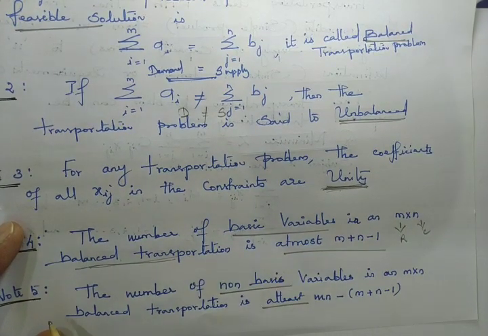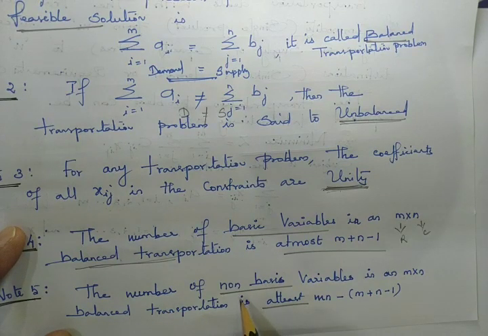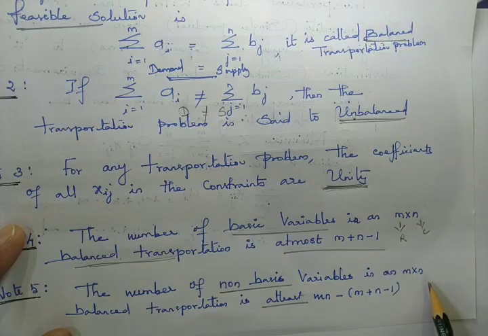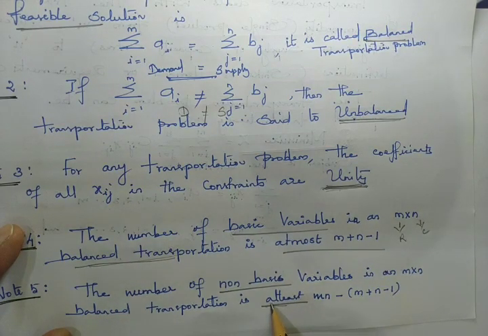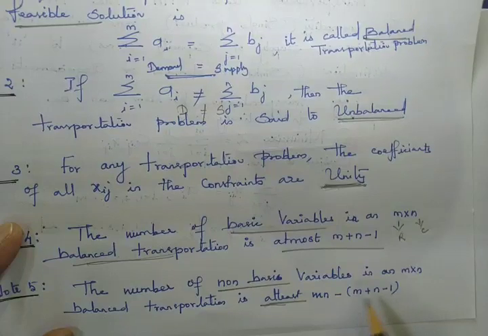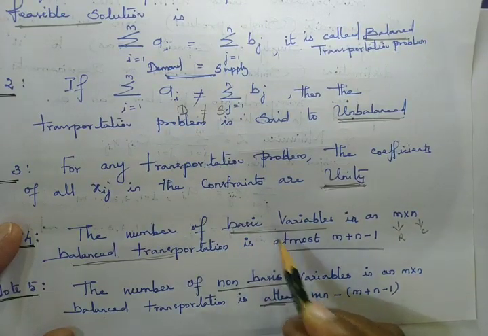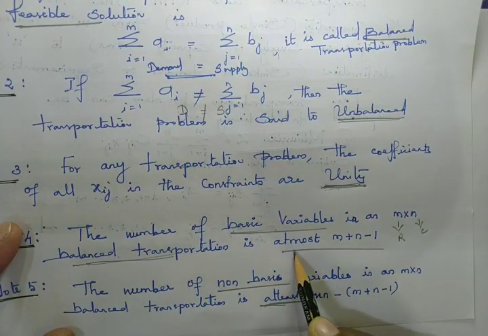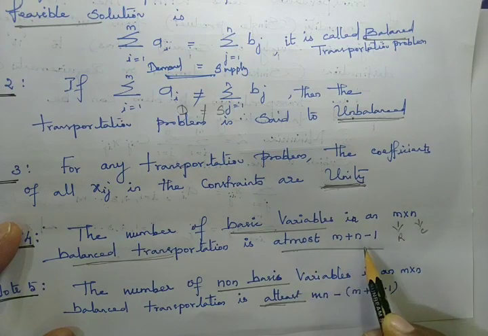And the fifth one: the number of non-basic variables in an m cross n balanced transportation problem is at least mn minus (m plus n minus 1), while the number of basic variables is at most m plus n minus 1.